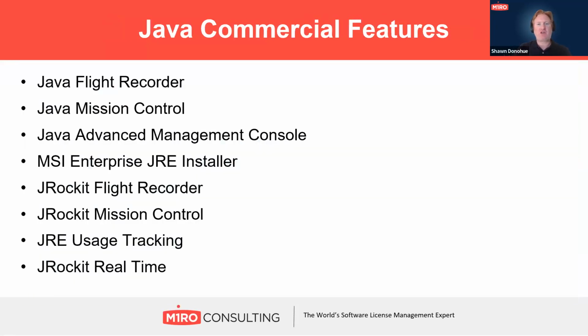All right, so let's talk about Java commercial features. Those versions are only free if you are not using commercial features. I have them listed here. If you are using any of these, it doesn't matter if your version is a free version, you still have to pay for it. One of the most common issues we have, look at that second bottom one, is the usage tracker.